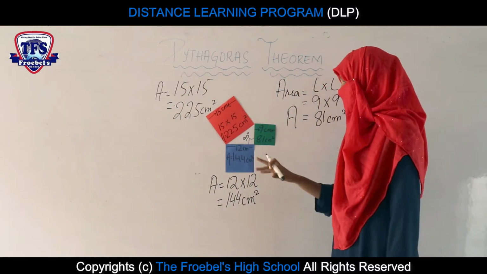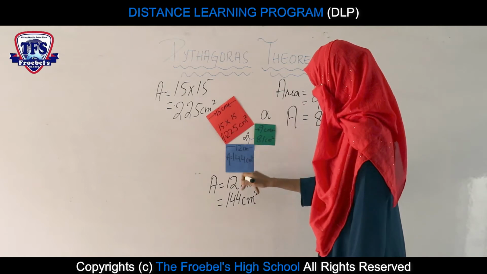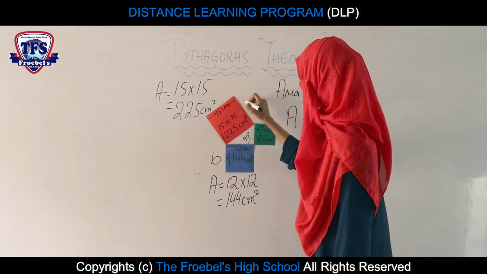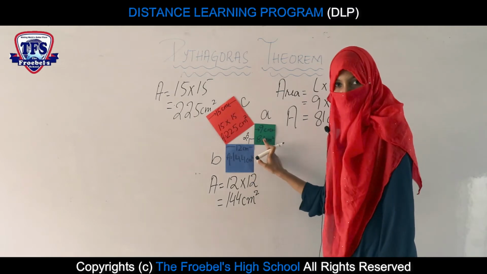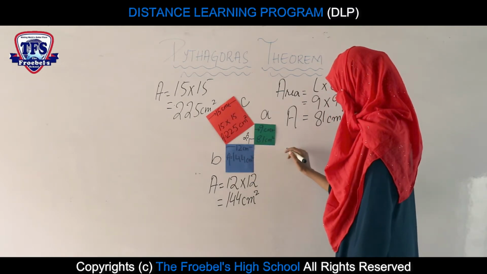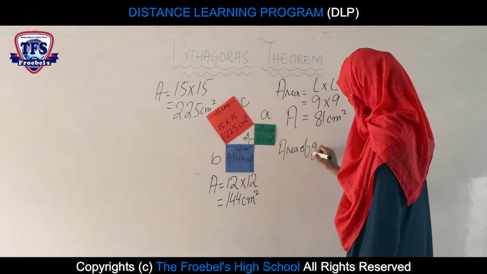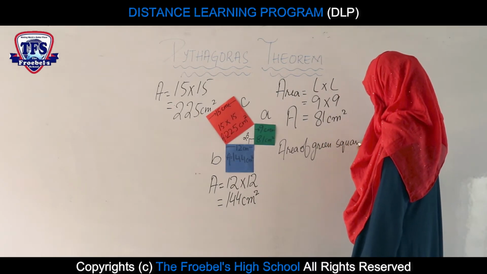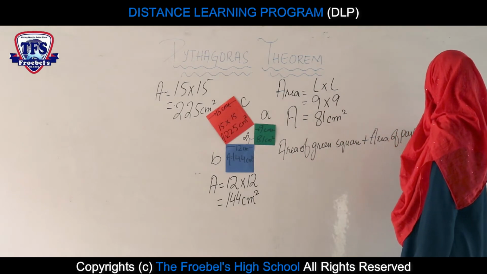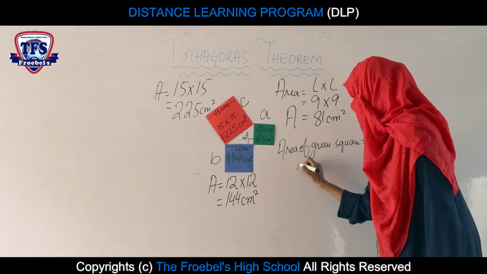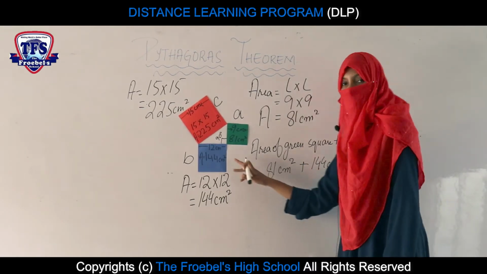Alright, suppose that I am labeling this green square as A, this purple square as B, and this red square as C. If I calculate the area of these 2 small squares together, I add up the area of the green square plus the area of the purple square. 81 centimeters square was the area of the green square, and 144 centimeters square was the area of the purple one.